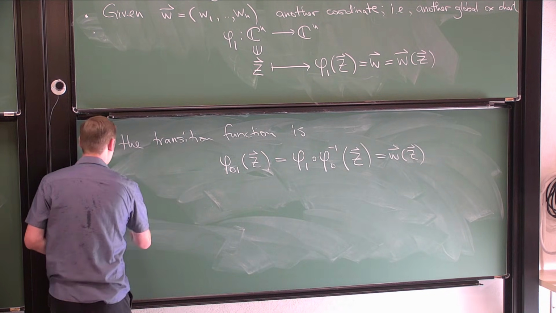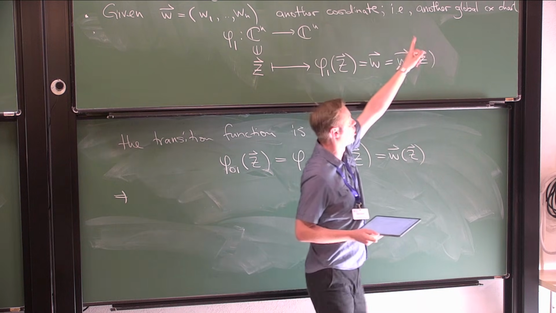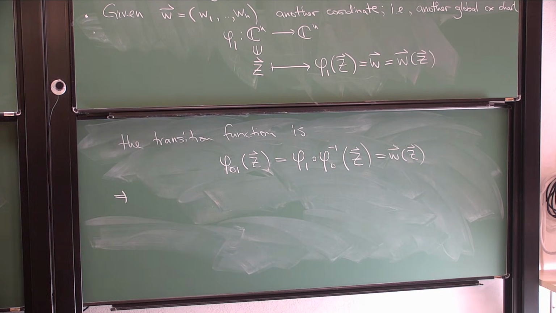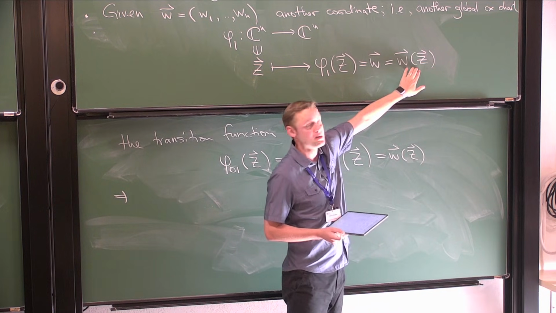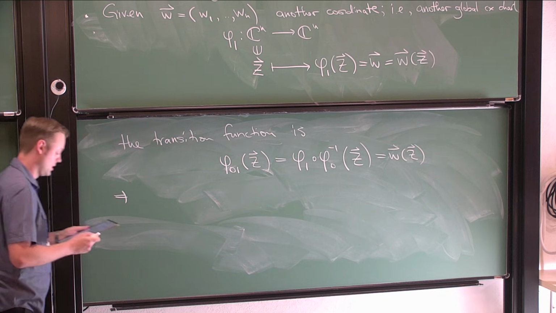And so that means that if I give you another global complex chart, which I call w, for it to be holomorphically compatible as a function of z, as a function of the old chart, this better be holomorphic. That's what it means to be holomorphically compatible.